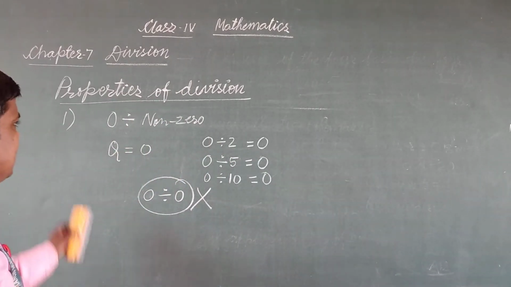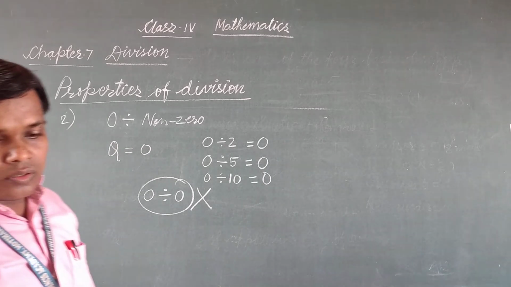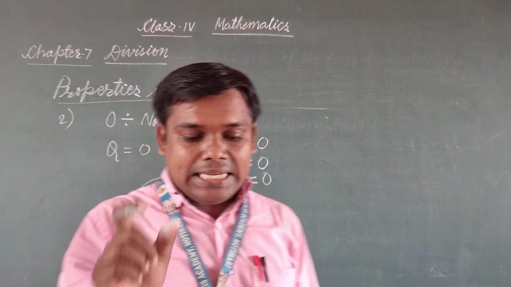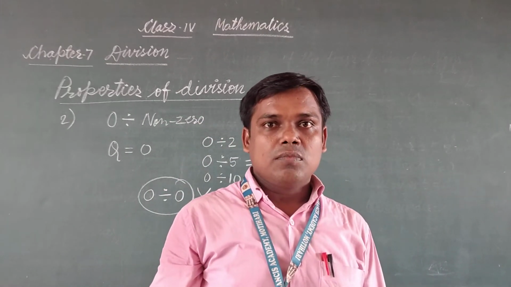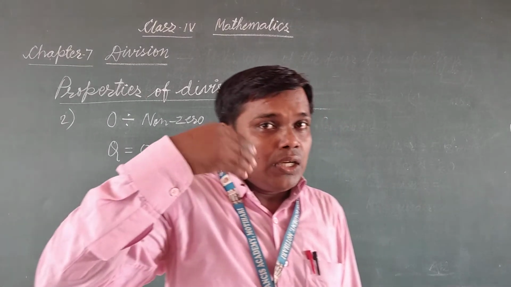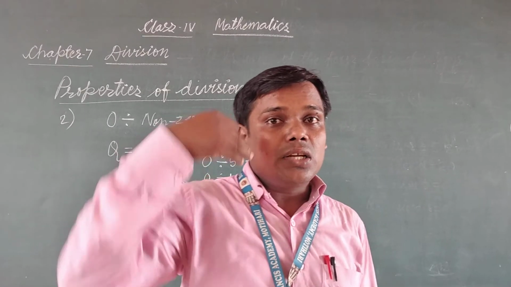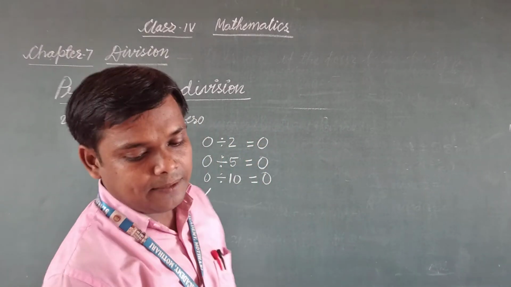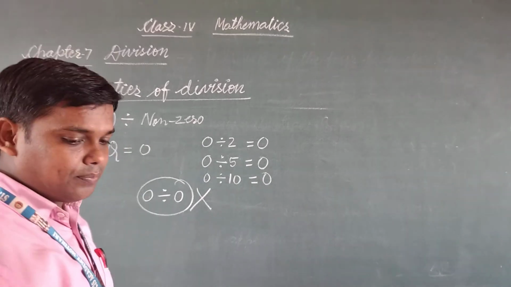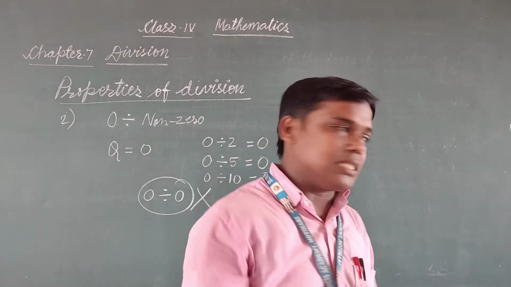The second property is: when we divide any number by 1, meaning when our divisor is 1 and the dividend is any number, the quotient will be the number itself.